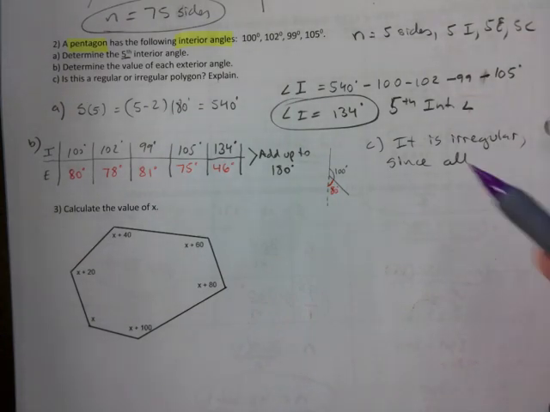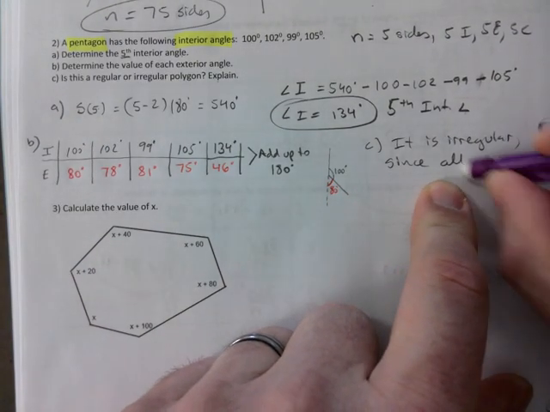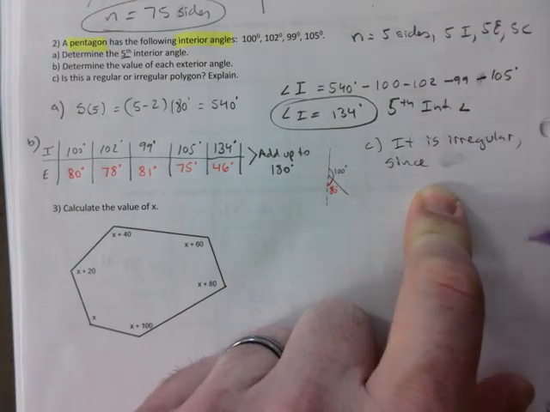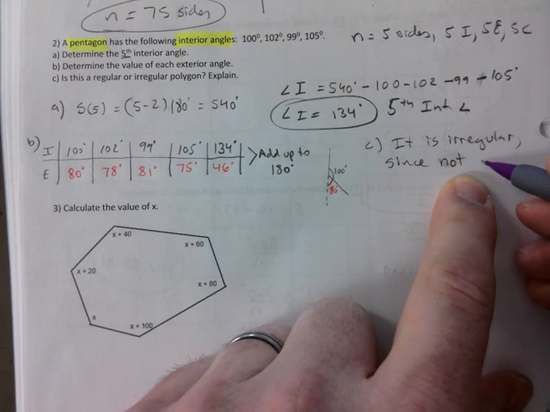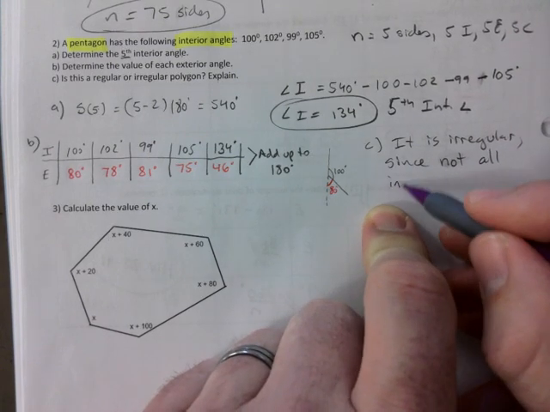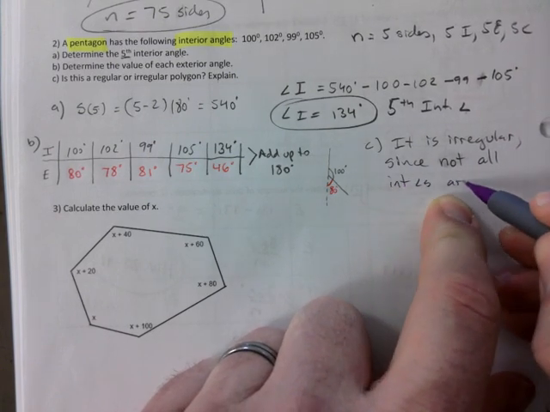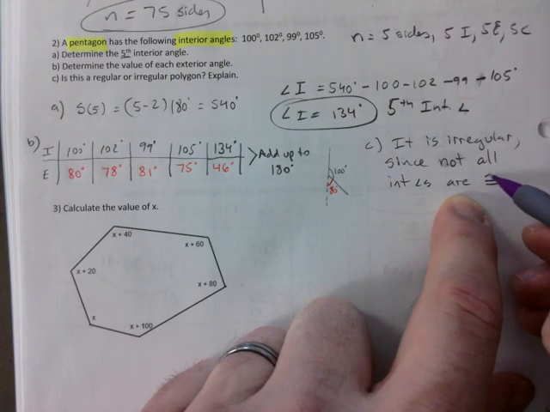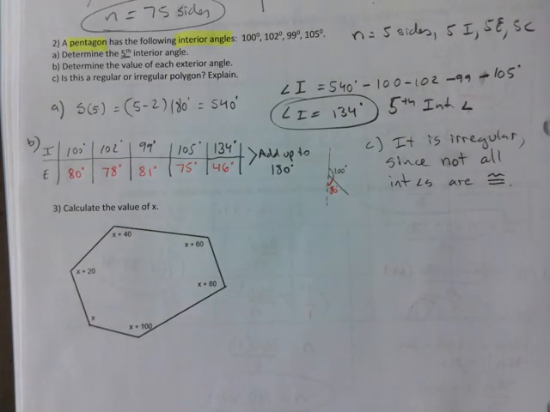So you can say it's irregular since not all interior angles are congruent. It's probably better to say since not all interior angles are congruent. We don't know anything about the side lengths, but we don't need to. It fails already without knowing that extra piece of information.